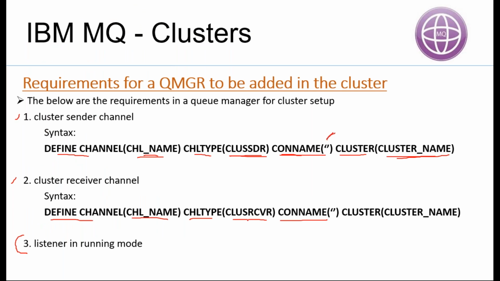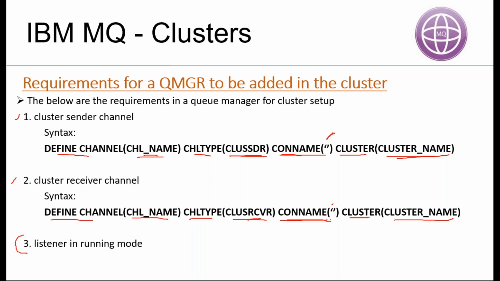But for a cluster receiver channel, definitely there has to be a connection name. And in the connection name, we have to specify an IP address and port number. What IP address and what port number, that we are going to discuss in the next slide. And then we have to mention cluster, and we have to make this channel a member of this cluster.